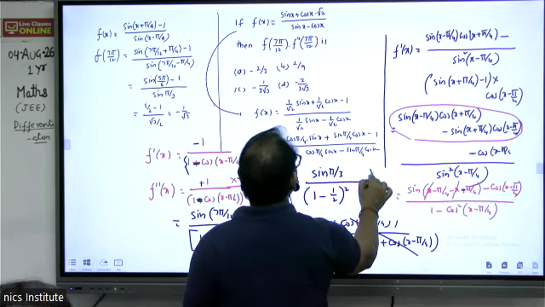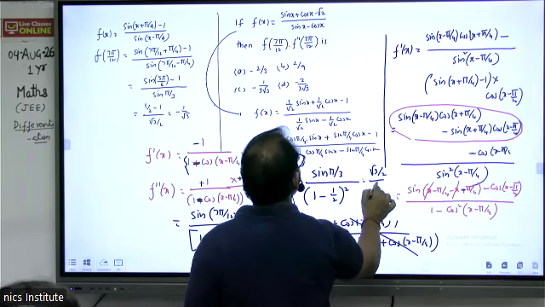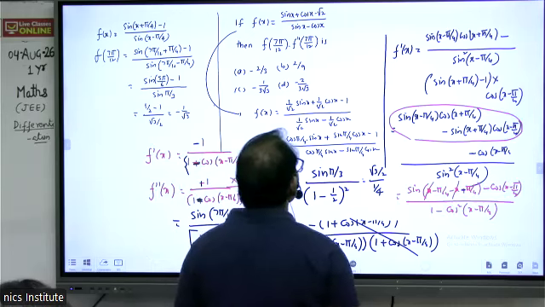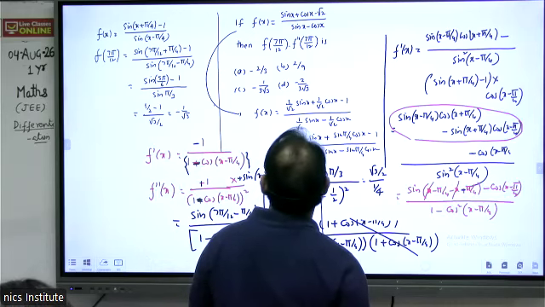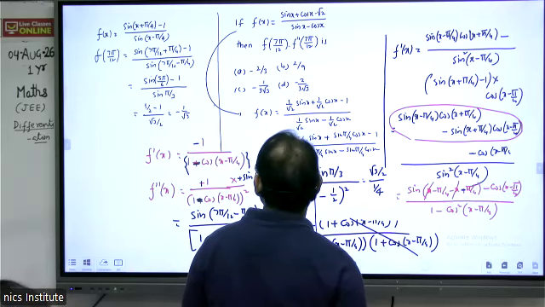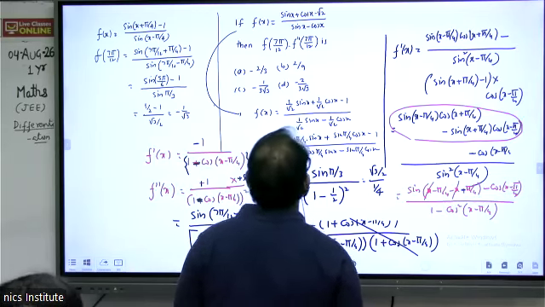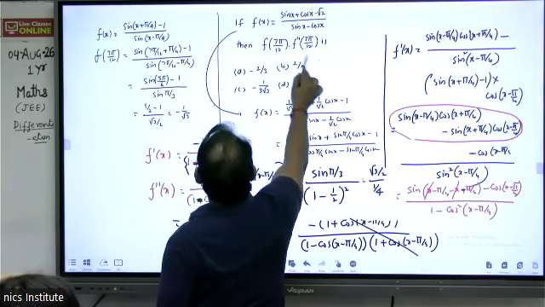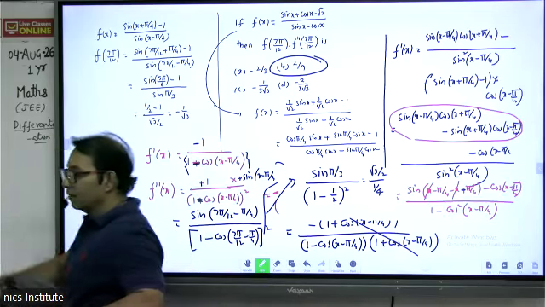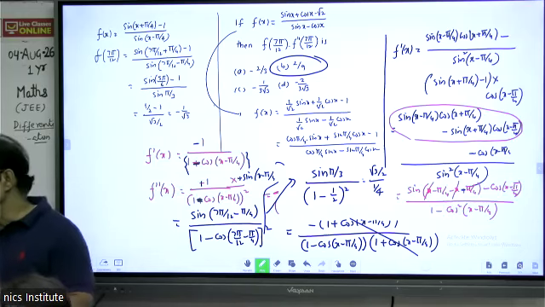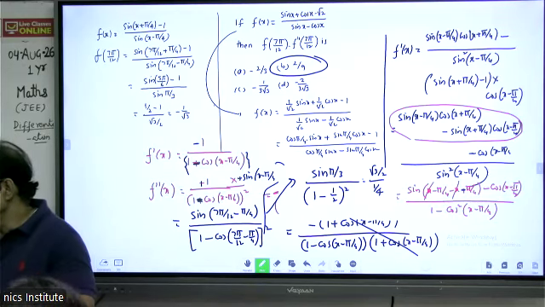Sin pi by 3 is root 3 by 2 by 1 by 4. कुछ गड़बड़ हो गई बहुत मेजर. Answer is this. As such, answer is 2/9. Just check कहाँ गलती हो रही है.